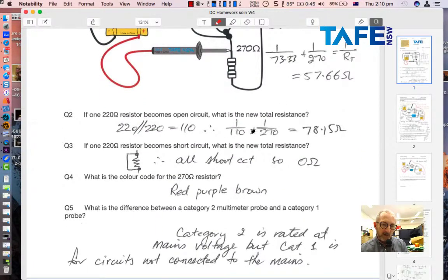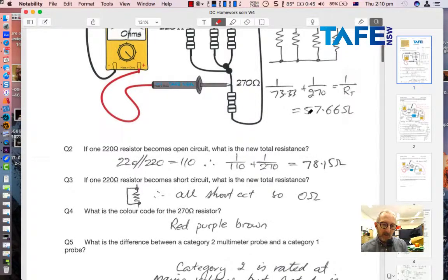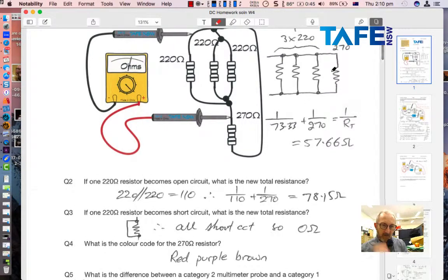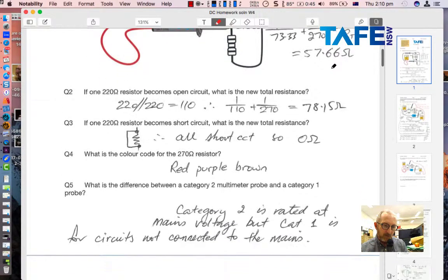So 1 on 110 plus the 270 on the end, 78.15 ohms. Increased quite a bit from the 57 ohms that we had originally, because the more parallel resistors that we have, the lower that resistance goes. Take 1 or 2 out of the parallel network, and the resistance will increase.